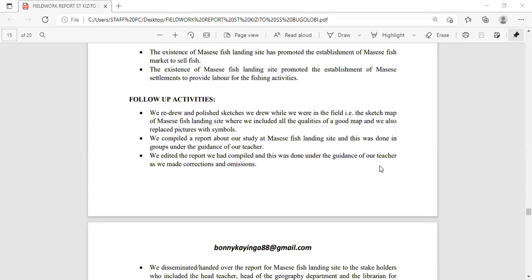Okay, what takes place in the actual field work? Because that is stage number 2. The first stage is pre-field work, what we call the preparation stage. What takes place in actual field work?